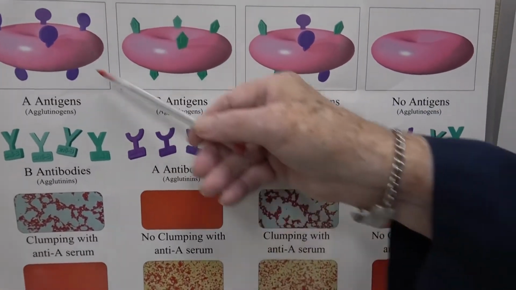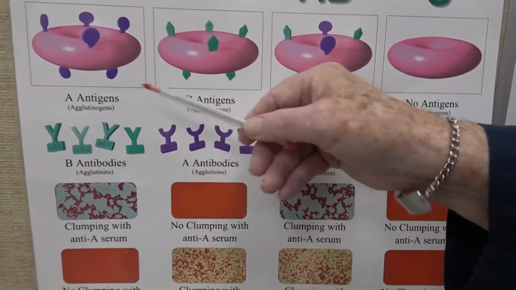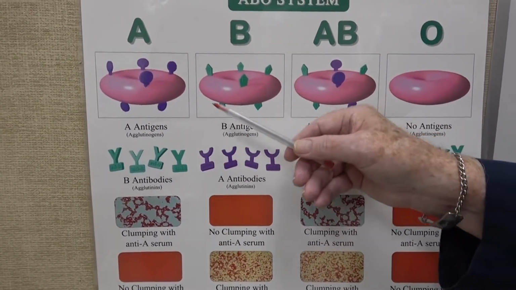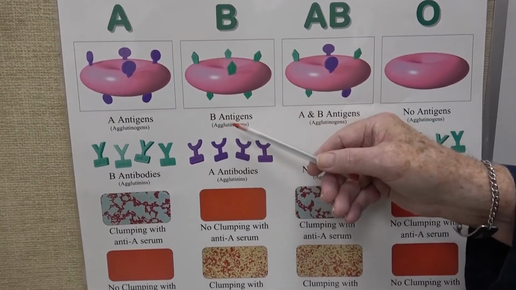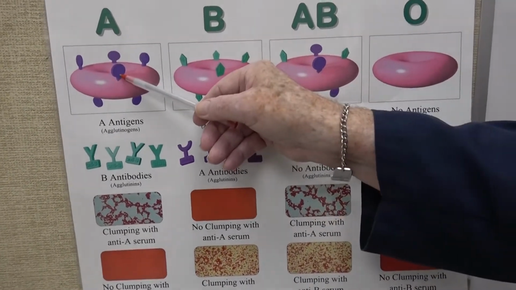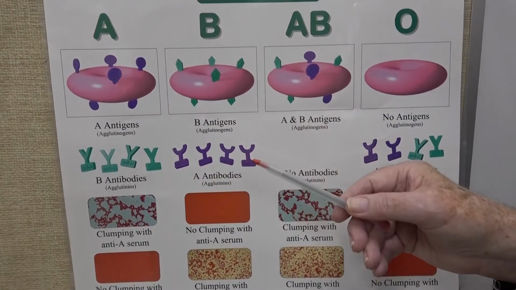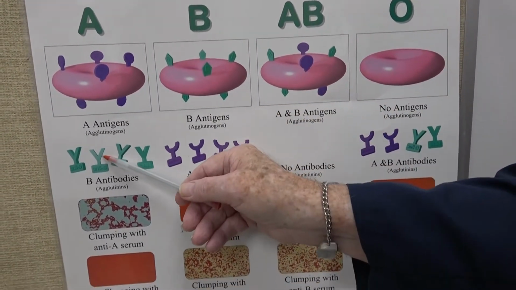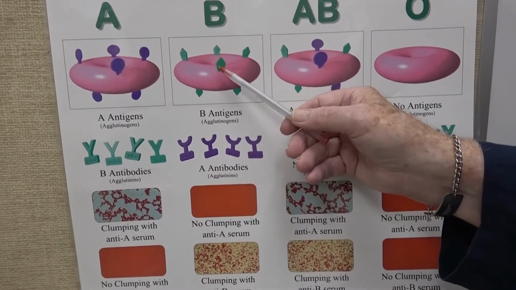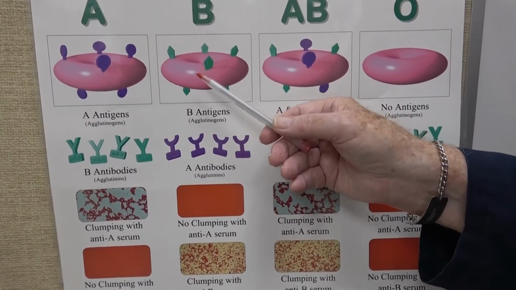See how they fit? So they fit the opposite of each other. That's why you cannot give A blood to a B person, because this will attach to that one and clump it. And the same thing about B with the B antibodies. They will attach and clump it, and it will kill the baby.